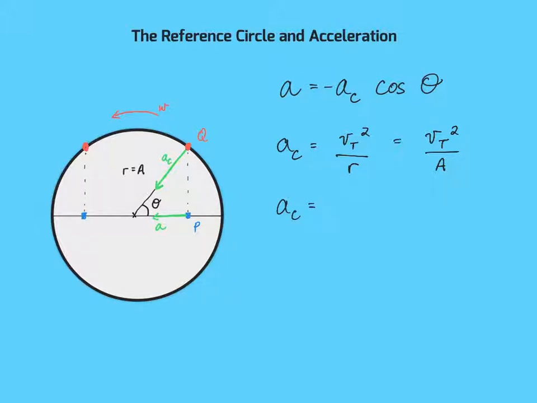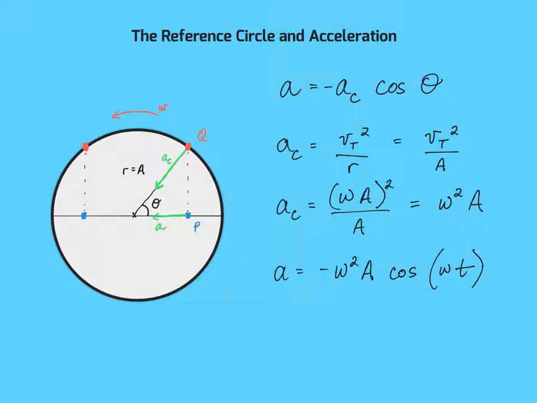AC is then equal to omega A, all squared, divided by A. So my expression for centripetal acceleration here is going to be omega squared A. And now plugging that into this guy up here, I'm going to get A is equal to negative omega squared times amplitude times the cosine, and instead of putting theta in there, I'm just going to put in omega t.